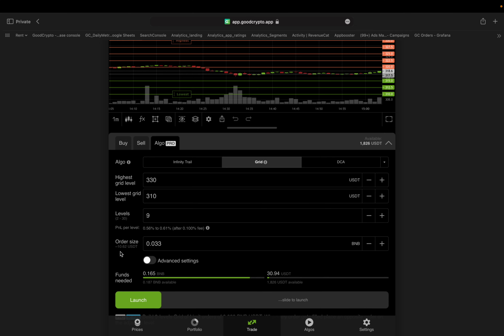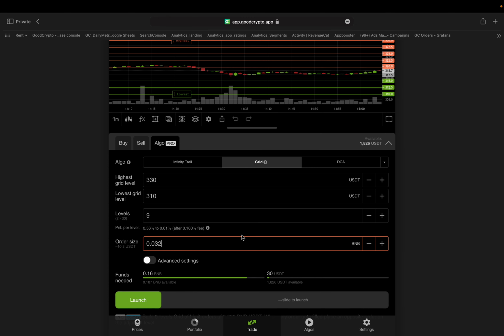Binance has several checks, but in this case they require at least 10 USDT of order size, so the nominal amount should not be less than 10 USDT. We cannot go lower than that. As you can see, when I try to go lower, the field goes red, meaning that something is wrong. In this case, it's too low.